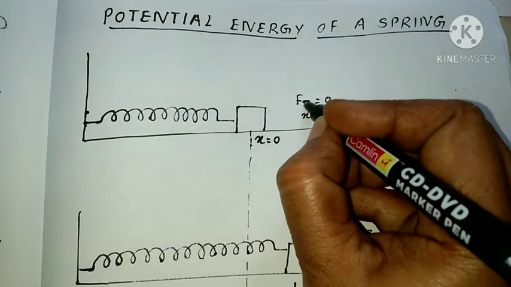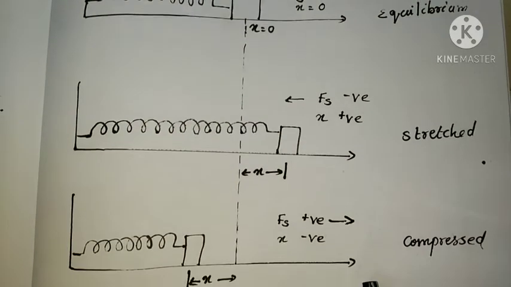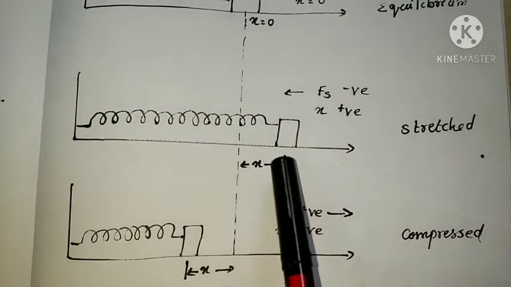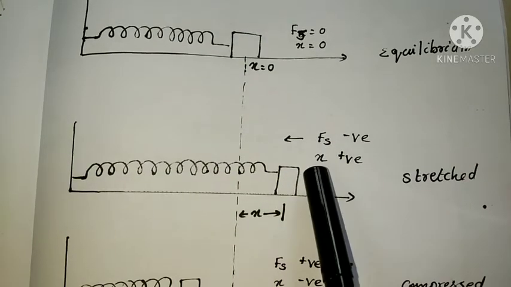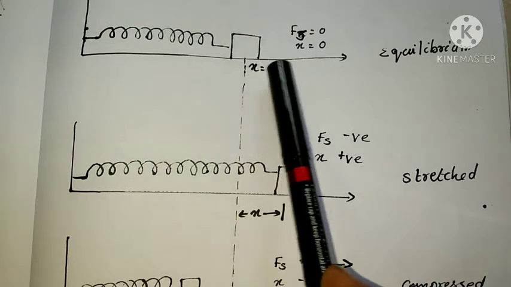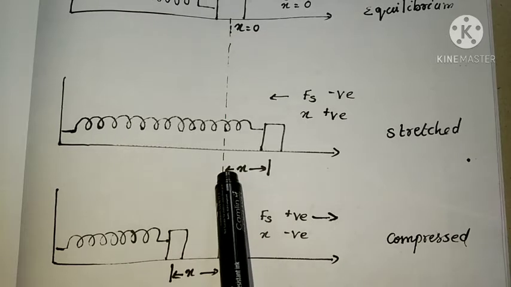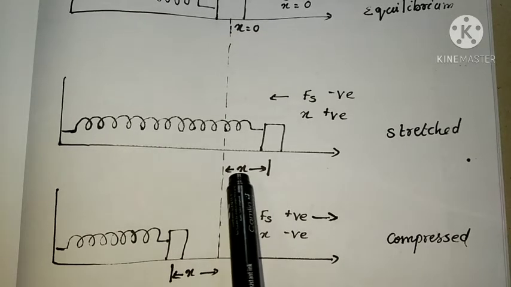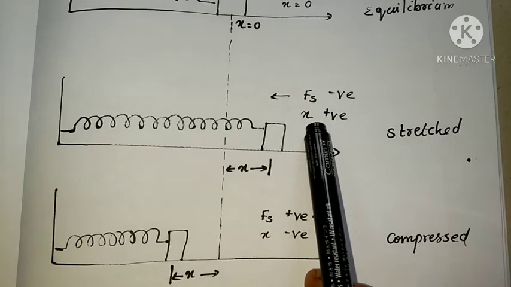Then when you apply an external force, the spring is stretched or compressed. First we can see the stretched position. We are applying the external force F. Then the spring is stretched from its equilibrium position through a small distance x. This is the extension of the spring when you apply the external force.